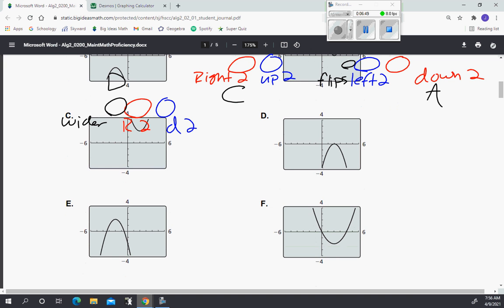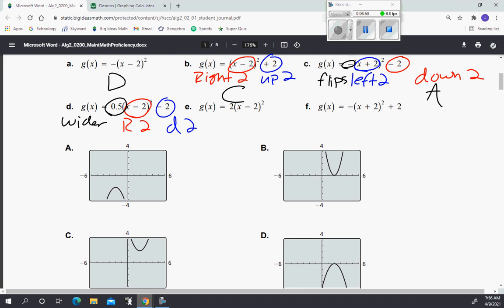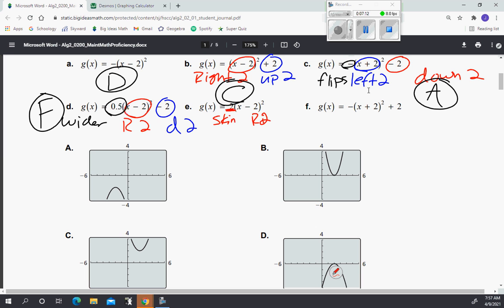Right there at F. Or sorry, E. Here it goes right 2, we'll just say R2. And then this 2 right here makes it skinny. So we're going to go right 2 and it's skinny, right at B.